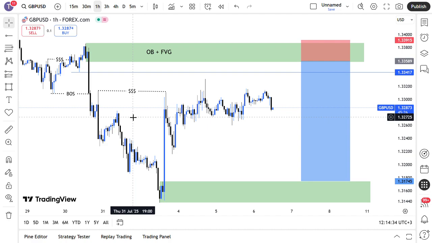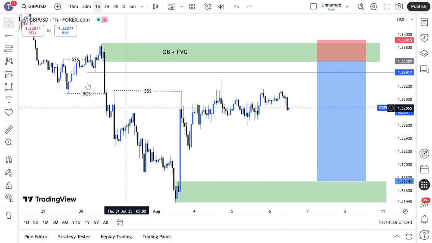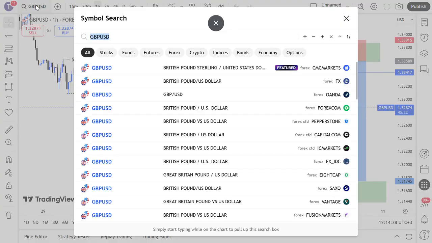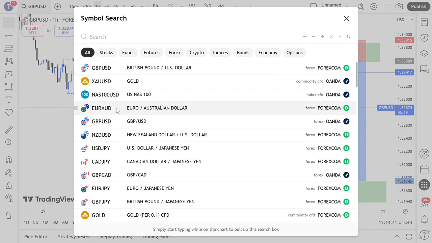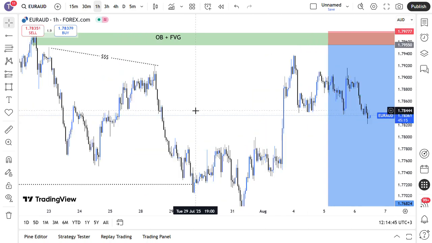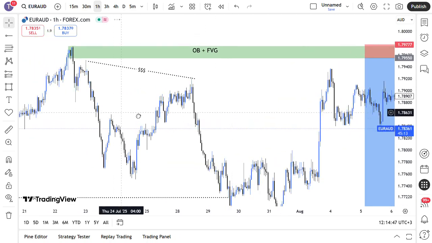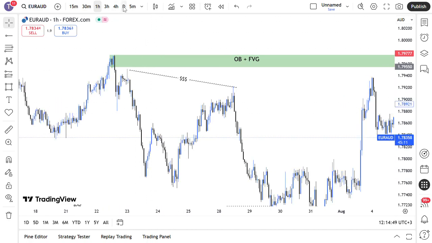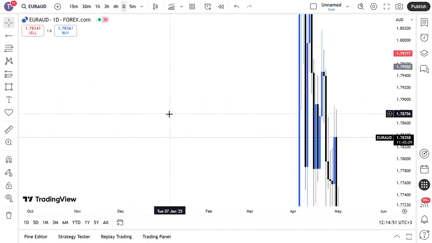So let's jump into Euro AUD. Let's go to Euro AUD. So on Euro AUD, I have a setup that I have been analyzing, and I will start from the daily time frame.